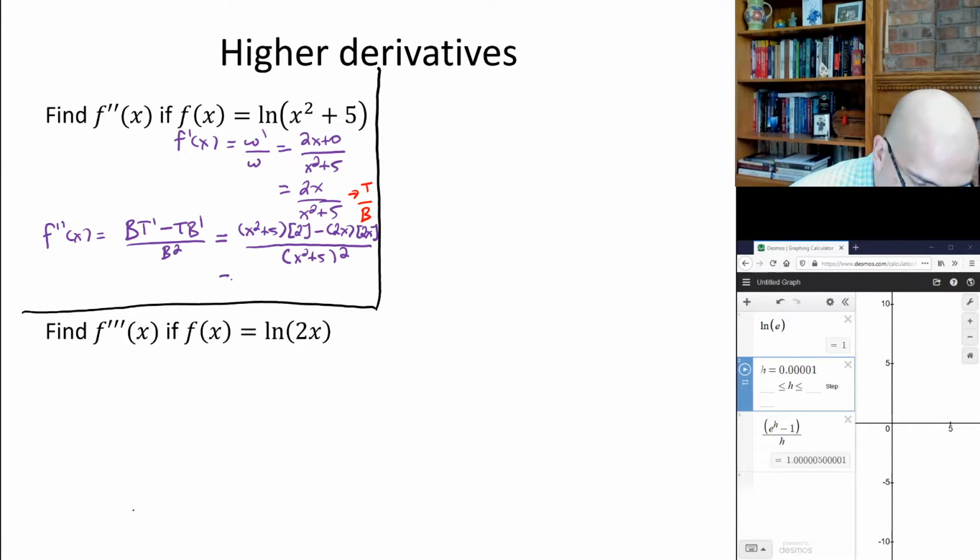And then if you want to, you can simplify this. We're going to have a 2x squared minus a 4x squared, and we'll have a 10, so 10 minus 2x squared after simplifying, over x squared plus 5 all squared.